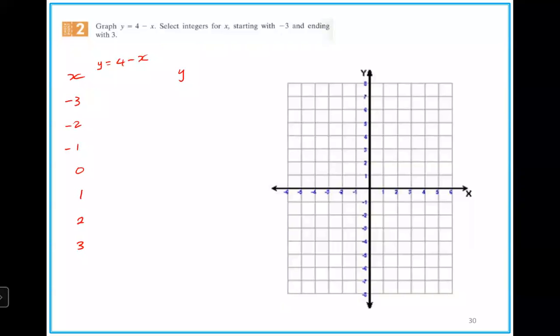So to find the y value for the first one, Ms. Nan, tell me what you're going to do if x is equal to -3.